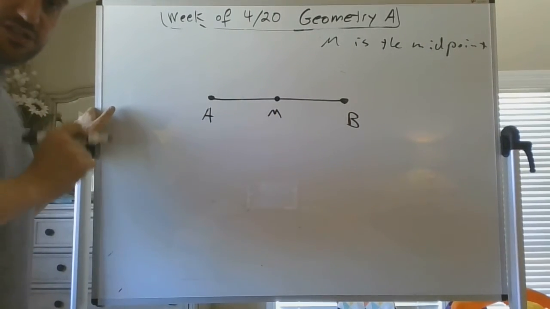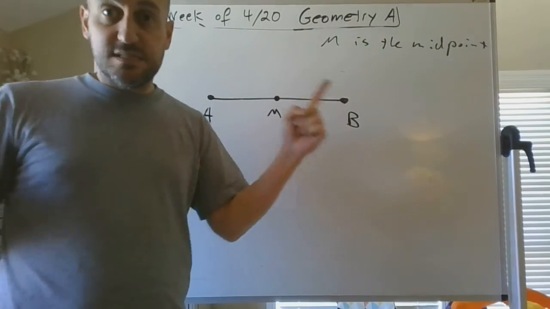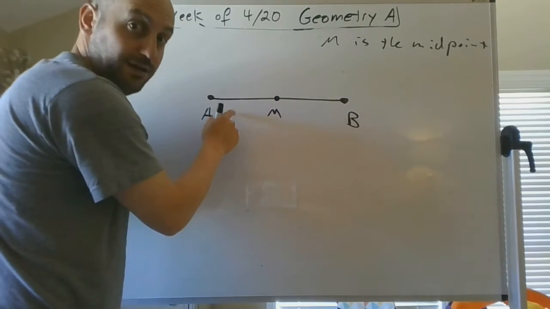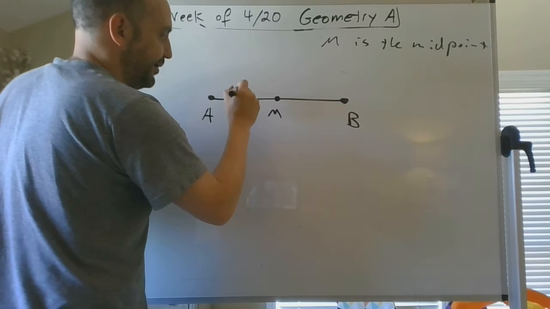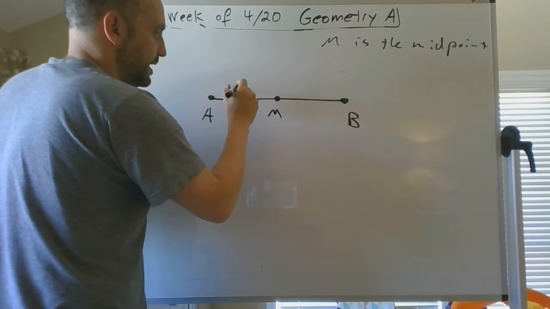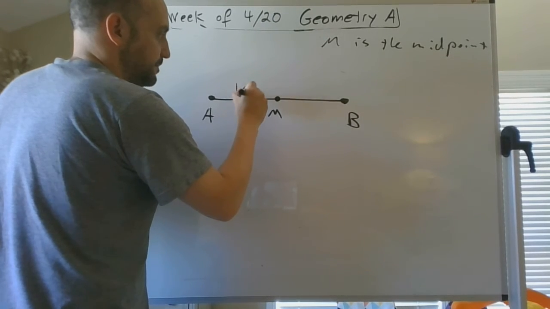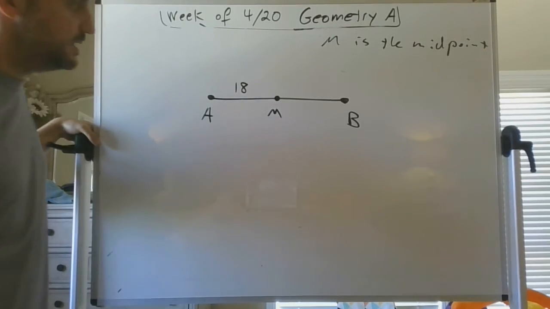Except this time we're going to change it up a bit. Instead of writing out AM is this much, MB is this much, and yada yada yada, I'm actually going to label it right on the segment, okay? So I'm going to go AM is 18. 18 what? Doesn't matter. Inches, centimeters, whatever you want to say, okay?